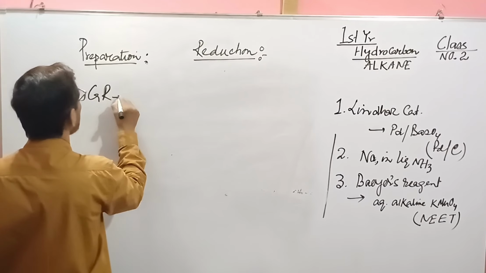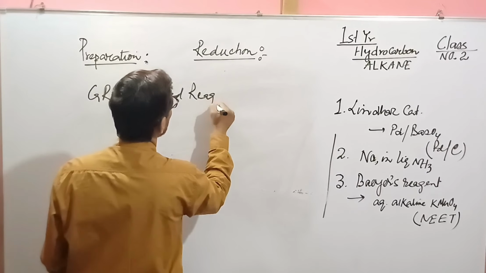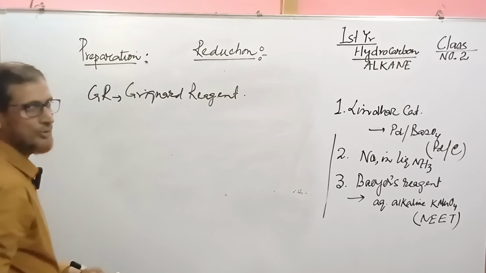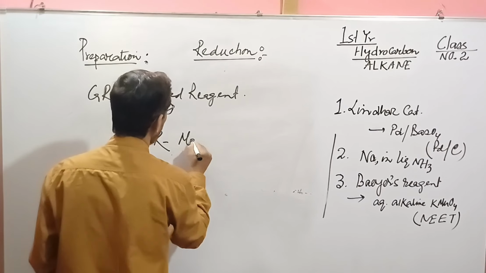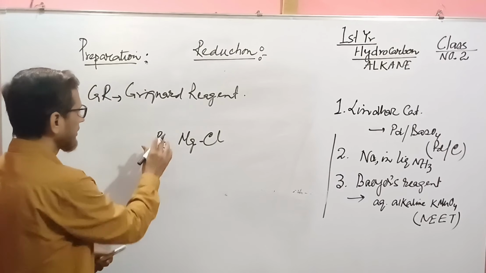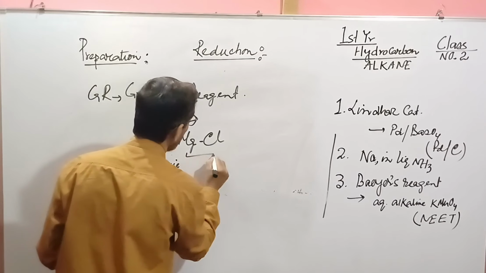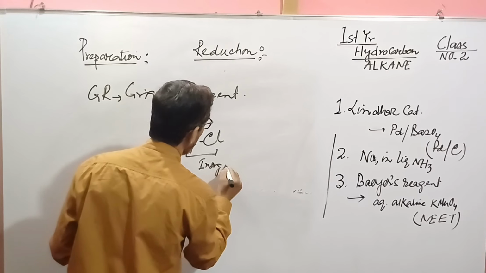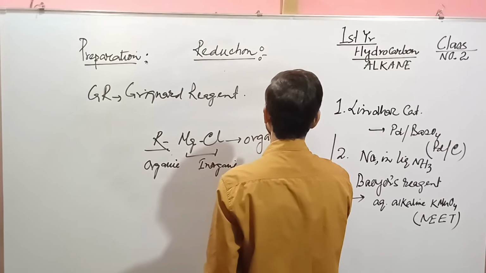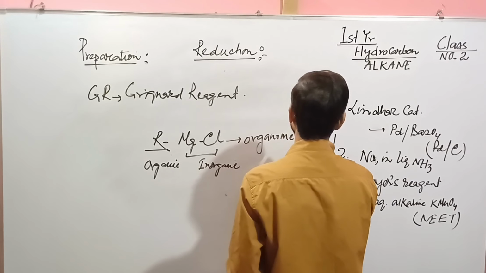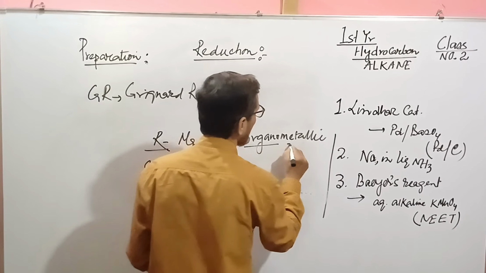With Grignard reagent. Before the reaction, let me tell something about Grignard reagent. R is alkyl, MgCl. This is the organic part, and this is inorganic. So this compound is organometallic, an organometallic compound.